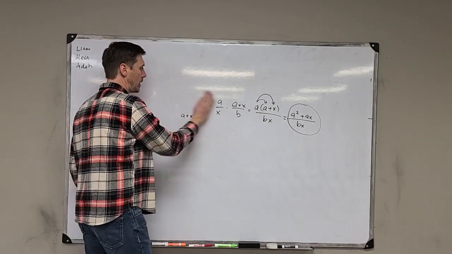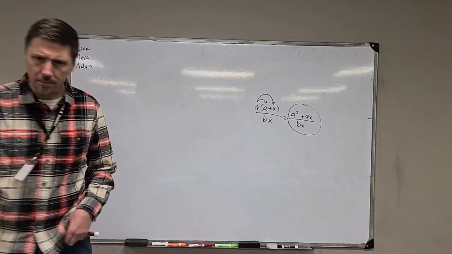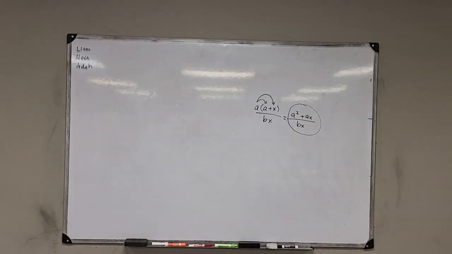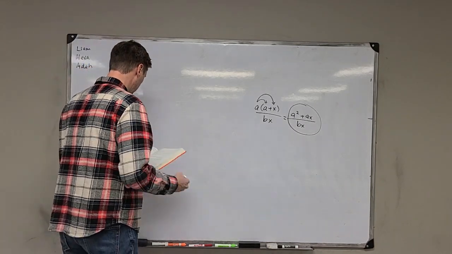So they have a note at the top of page 226 that says many algebraic manipulations can be justified by one of the following.